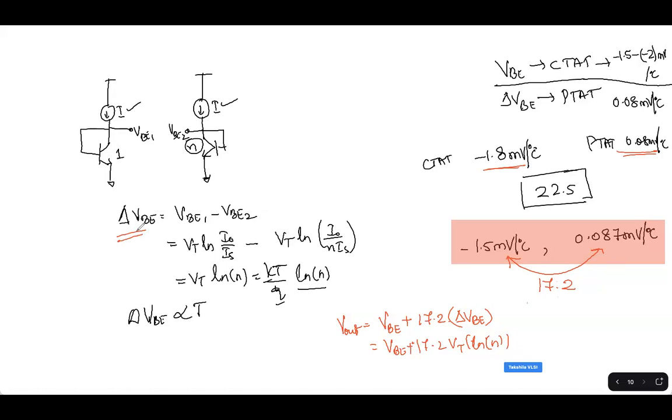We have to make sure that we add a VBE and del VBE.